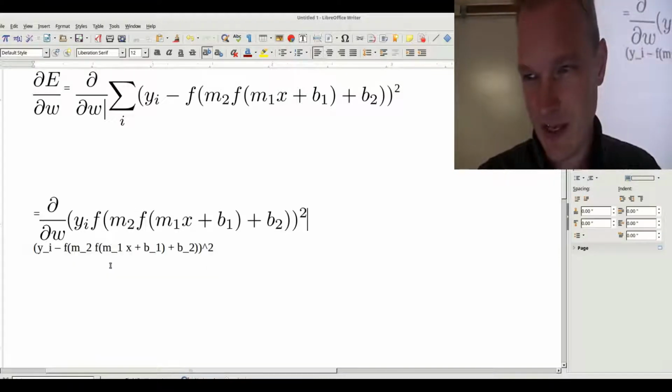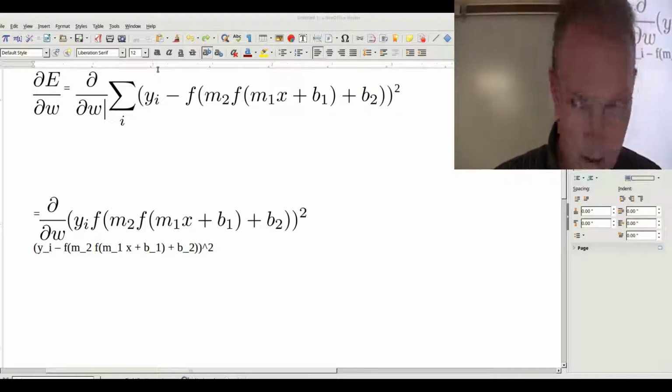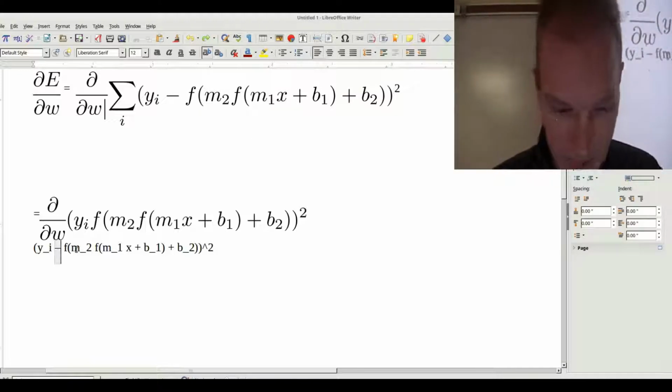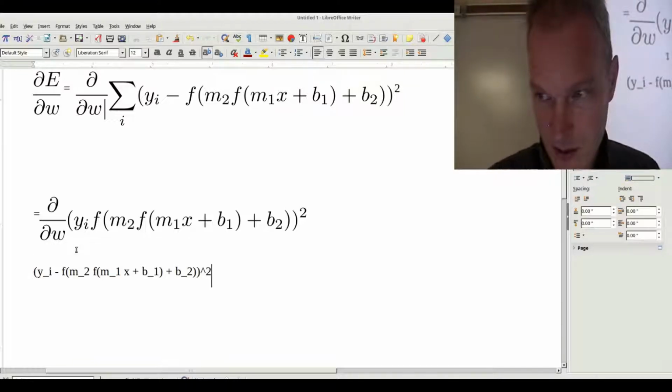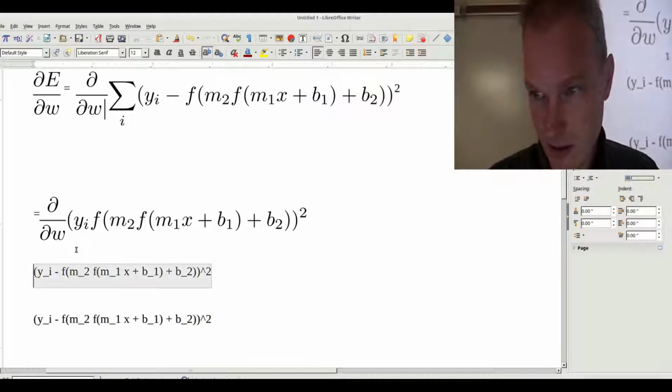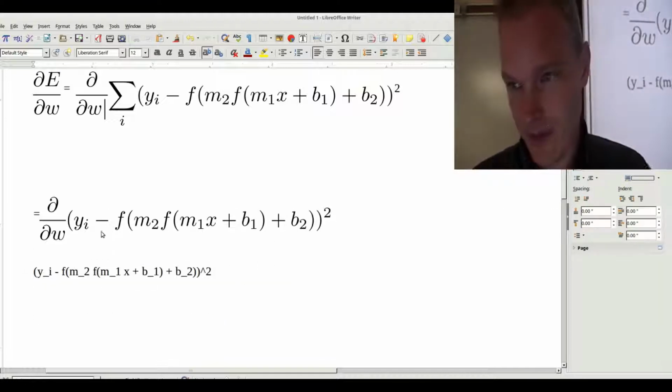Dang it, I lost my minus sign because I have to copy this minus sign, paste it on top of the pretty minus sign, LaTeXify that. Okay.